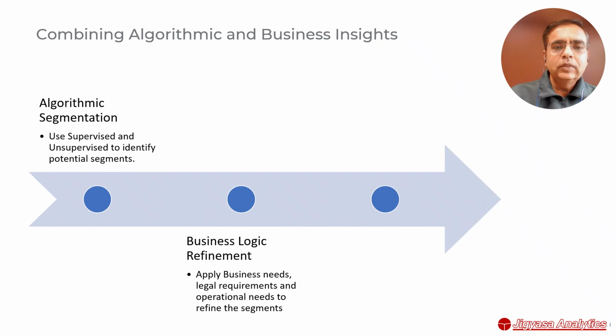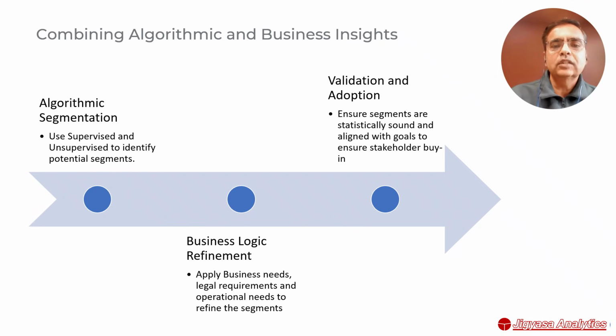There could be certain legal requirements which you have to follow, and certain things might not be allowed, so your segmentation needs to be adjusted based on that. And there might be operational needs, because of the way the business operates, and you need to take all of this into account, work with the different business partners, and modify the algorithmic segmentation based on this.